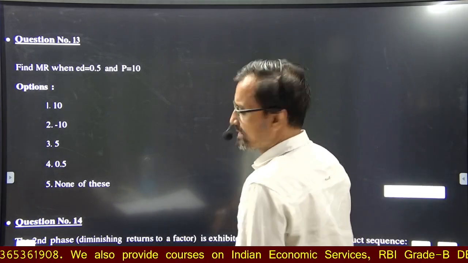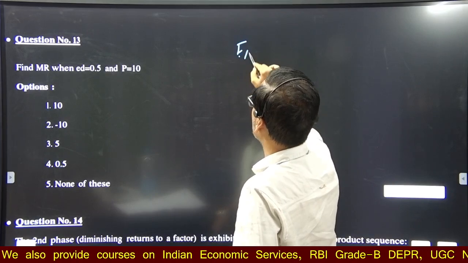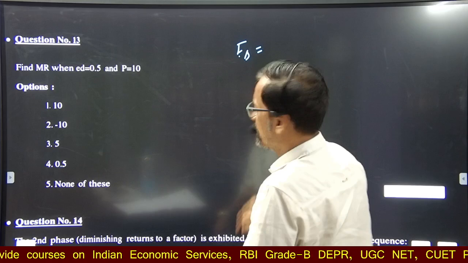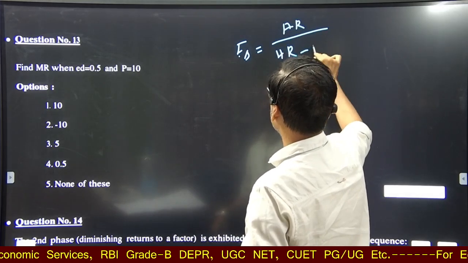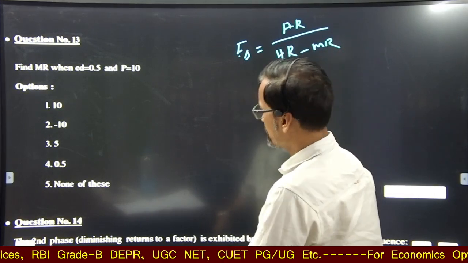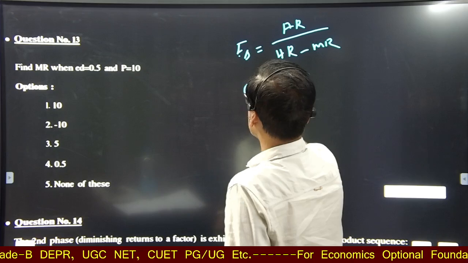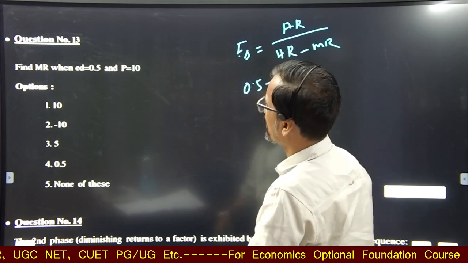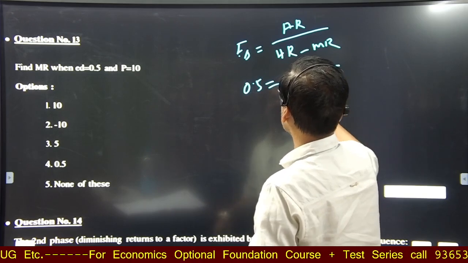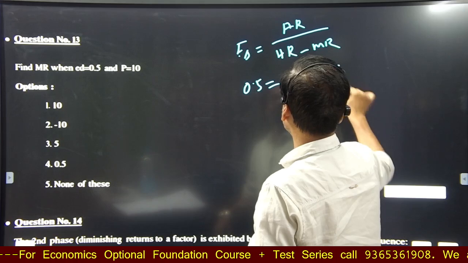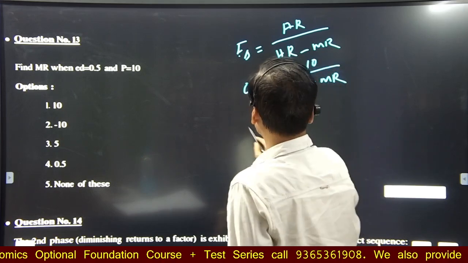So elasticity of demand is equal to average revenue minus marginal revenue, we can apply this one also. Elasticity of demand is given as 0.5, so we can calculate simply. Average revenue is 10, average revenue 10 minus marginal revenue, we need to find out the marginal revenue.